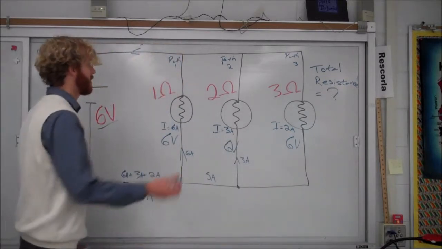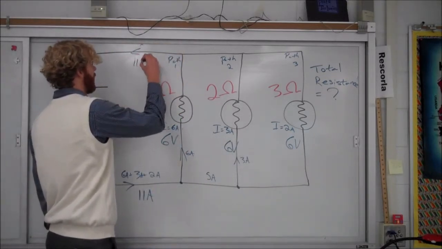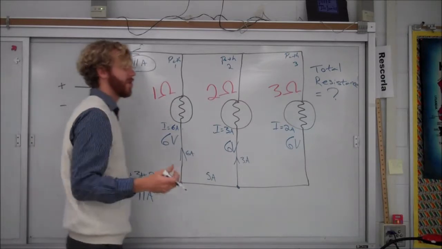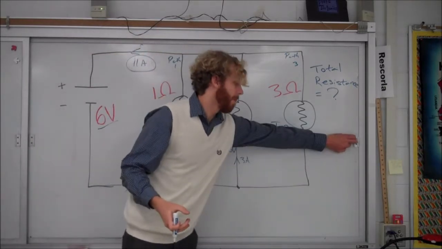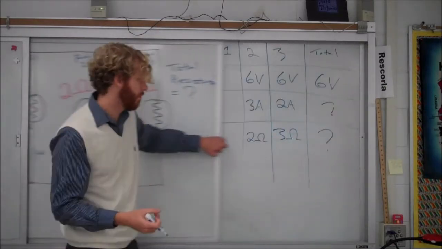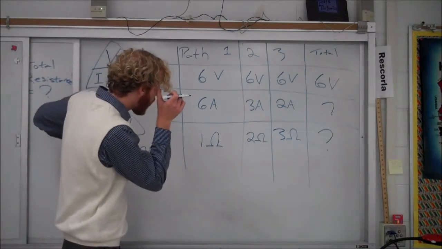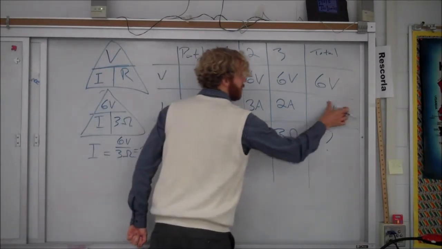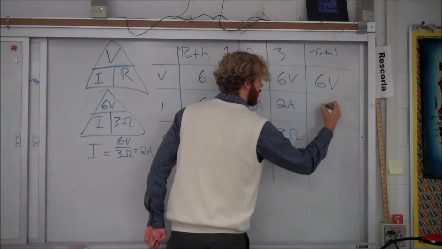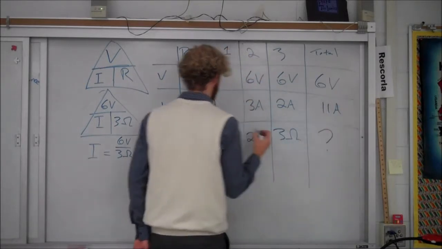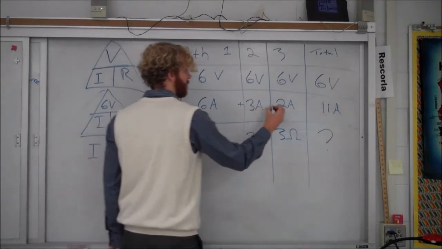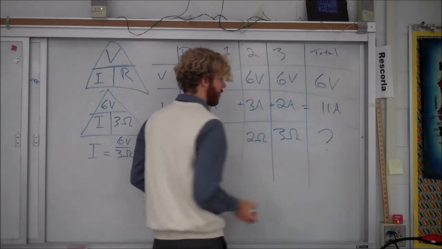So when they all come back together, we have 11 amps. So there's our total current. So our total current is 11 amps, and we just added 6 plus 3 plus 2 equals 11.